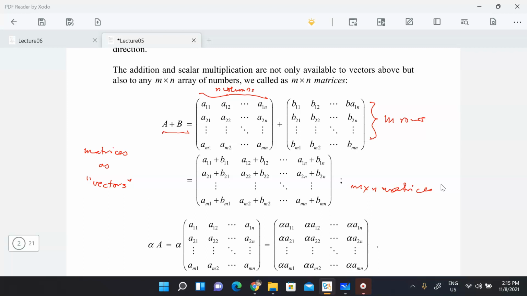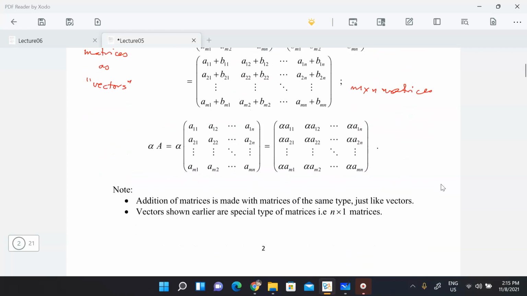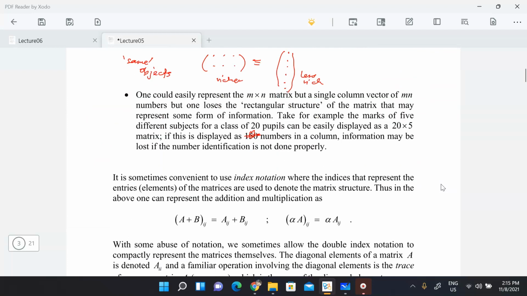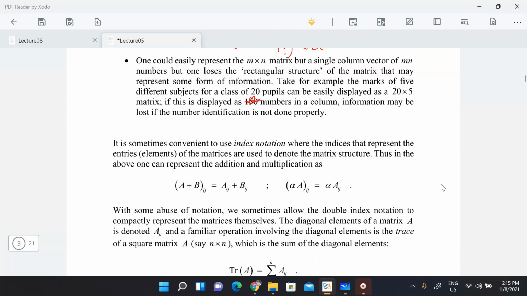So what's important here is the position of your row and column. The first index of ij corresponds to the row. I'm just making sure that I remember correctly.